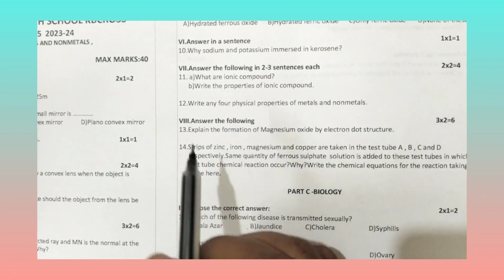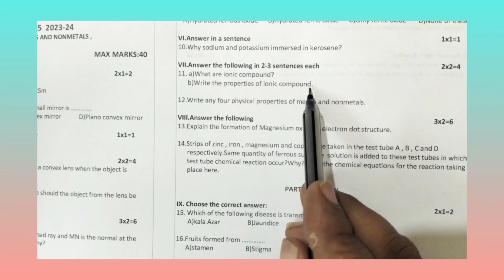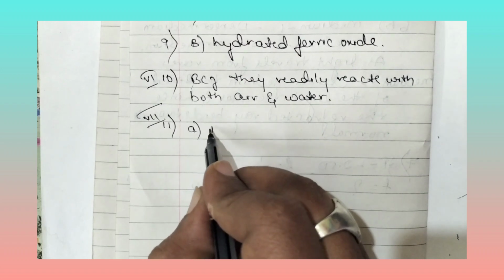So now let us move for the 7th main, that is 11th question. So the 11th question is what are ionic compound? Write the properties of ionic compound. So let us move for 11th A. What are ionic compound?